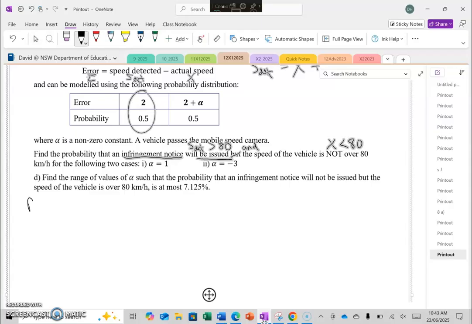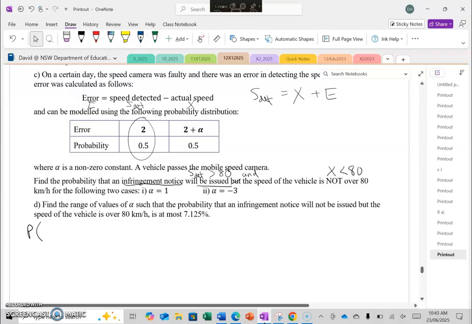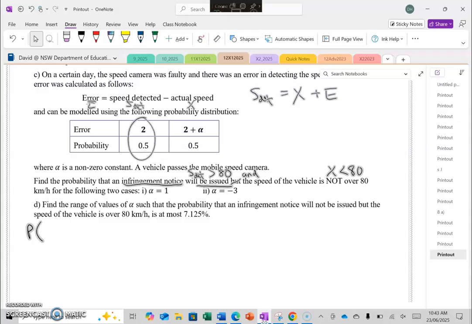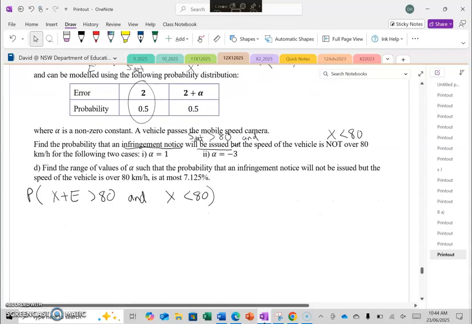I'm after the probability that the speed detected, which is X plus my error, is greater than 80, and my X is less than 80. Half the time the error is 2, and half the time the error is 2 plus alpha.